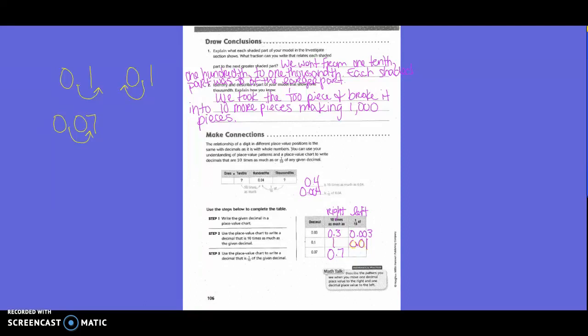Then, if I want 1/10 of 7/100ths, I'm going to move it once to the left. So now my new decimal goes right here. So now my answer will be 0.007. So now I have 7 thousandths.